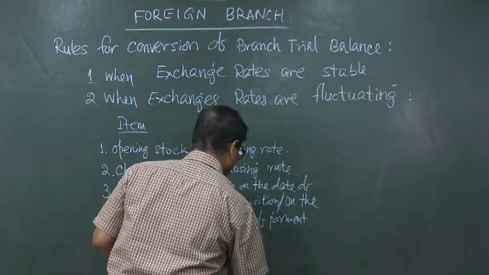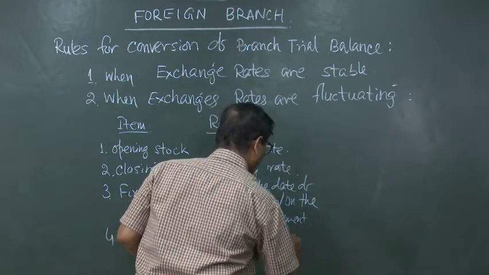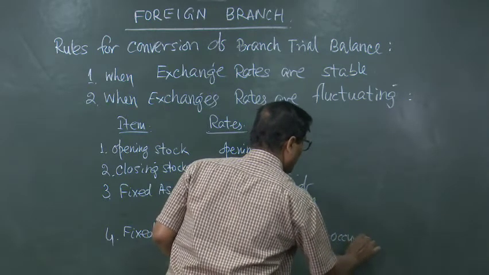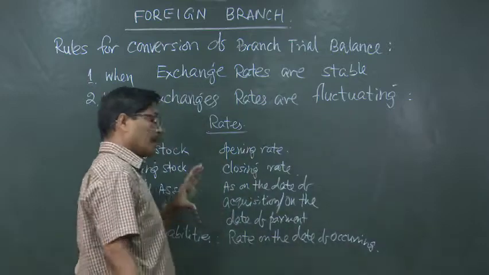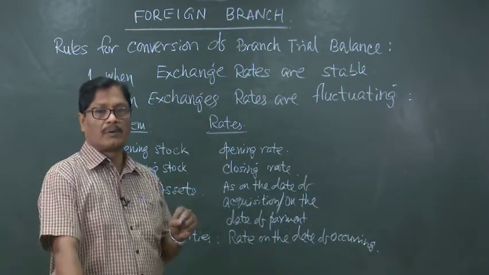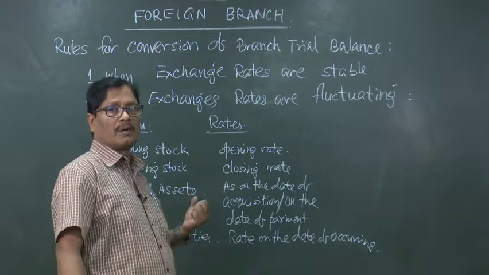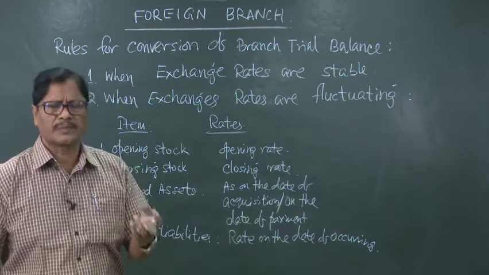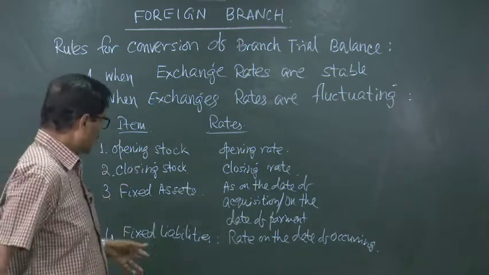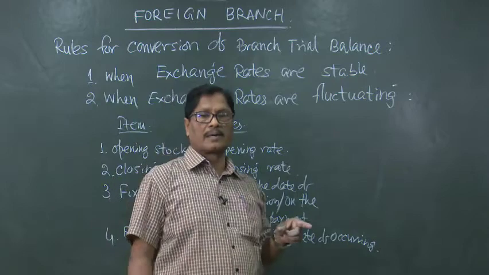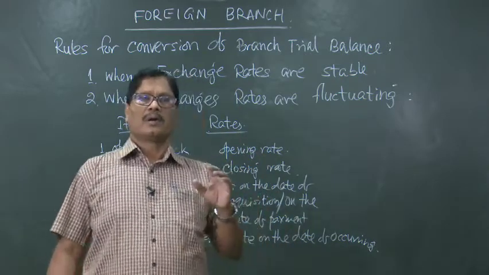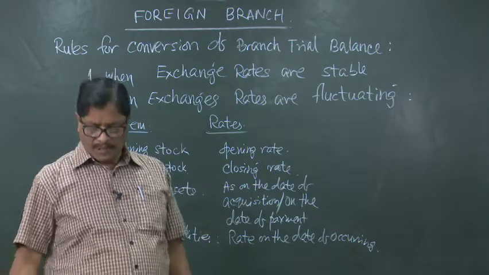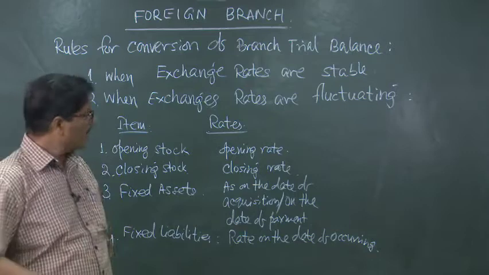That means when the liabilities occurred, when we are taking that loan, or whatever credit items are there long term. So, for the long term liabilities, on that date when we have taken the loan, what was the rate, that we have to see, and that we have to apply for converting it. That is number 4. Number 5 is current assets and current liabilities.